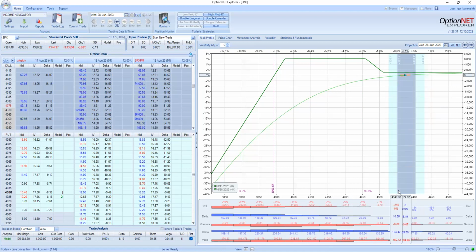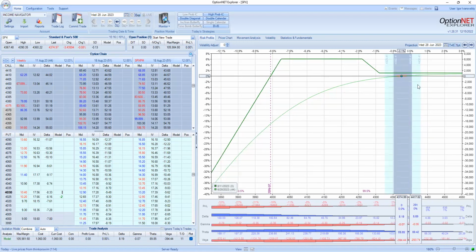Right. So the biggest risks here are delta, that's number one, and volatility, which is not as significant as delta, but it still is a risk nonetheless.